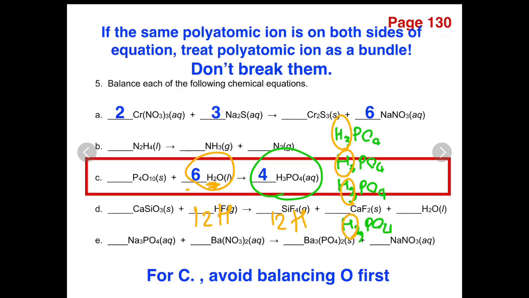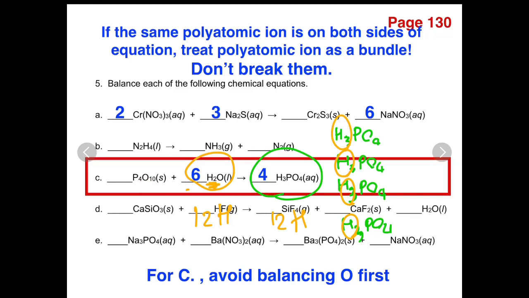So next is looking at oxygen. What do we have here? We have 4 phosphorus, 12 hydrogen, and 6 oxygen, because each water contains 1 and we have 6 of them. So 6 plus 10 would be 16.